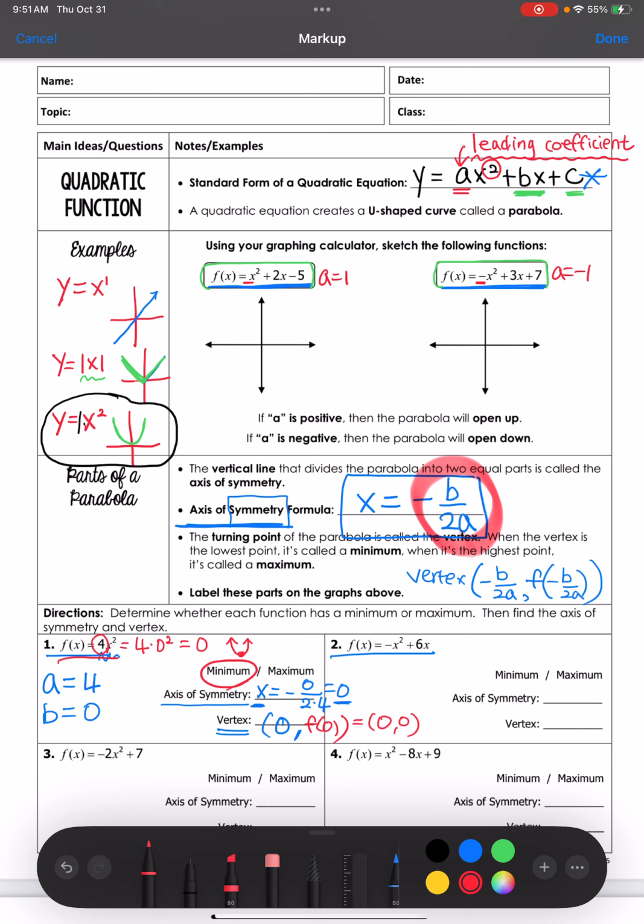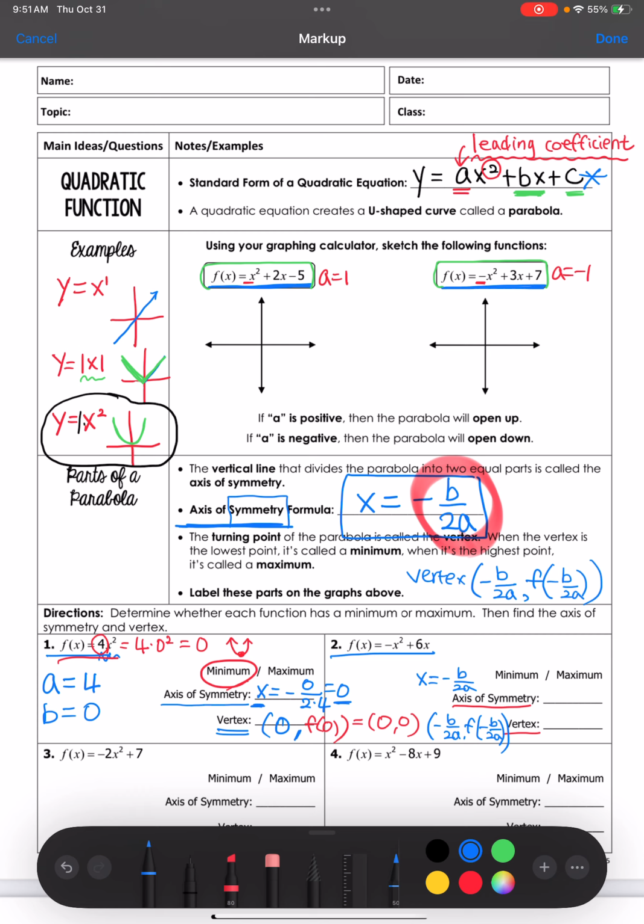Then now you need to move on to the next problem to get the axis of symmetry and vertex. Let me give you these notes one more time. The axis of symmetry is x equals negative b over 2a. Your vertex is negative b over 2a, comma, f of negative b over 2a.